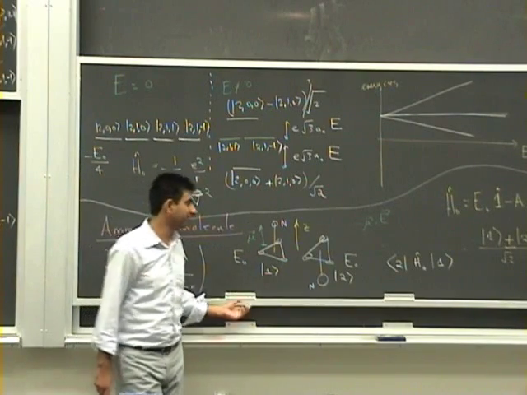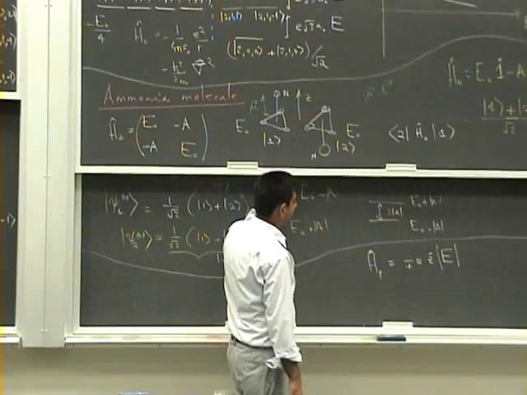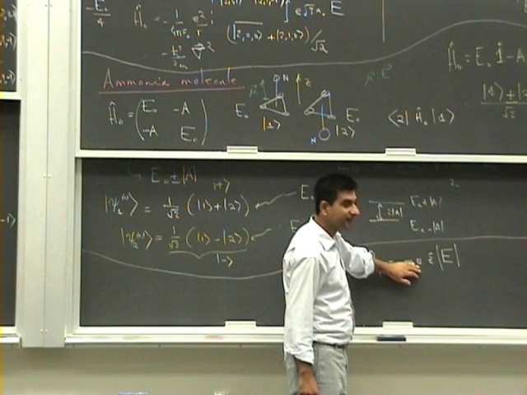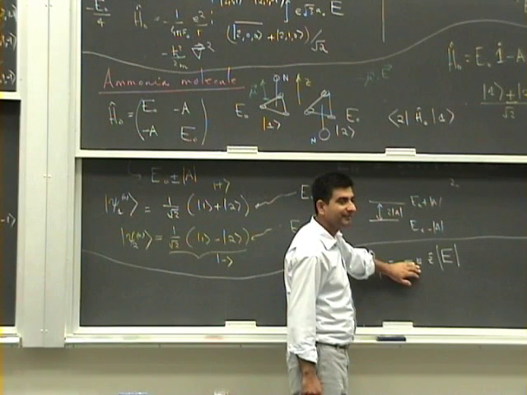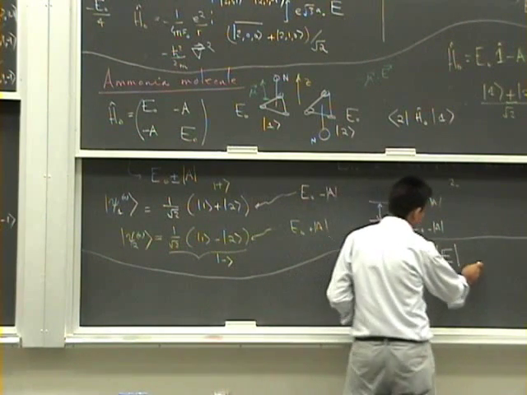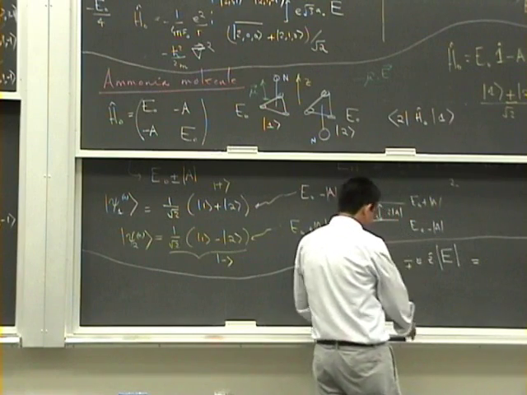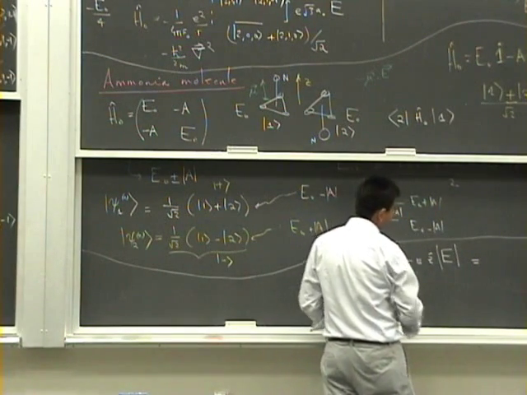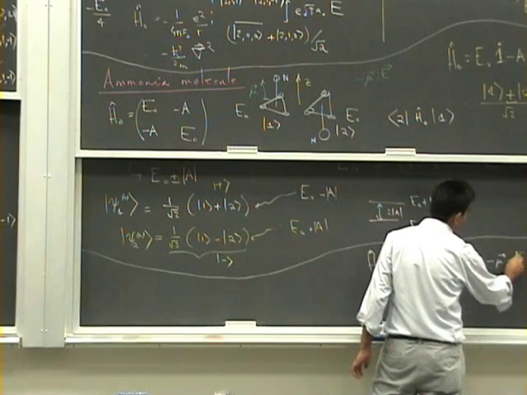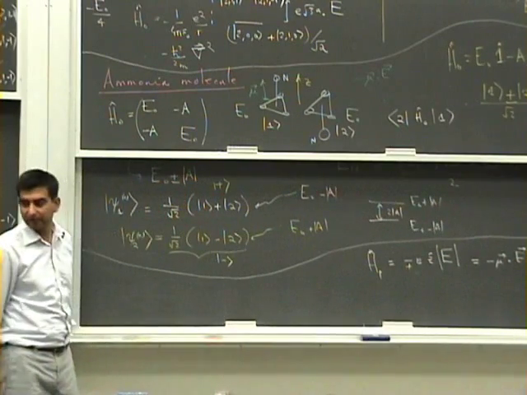How much will the energy decrease? The change in energy will be equal to minus e Z E. Or I can just write this as minus mu dotted with the electric field.